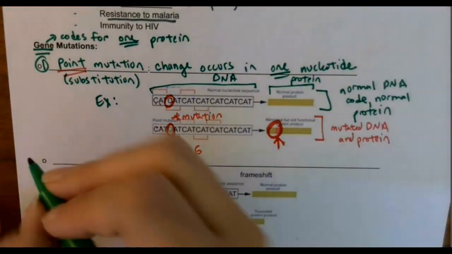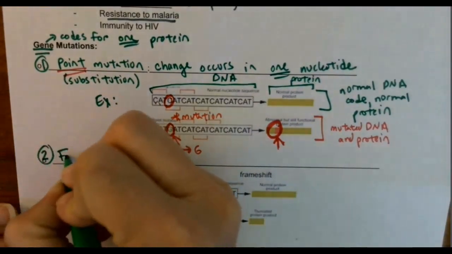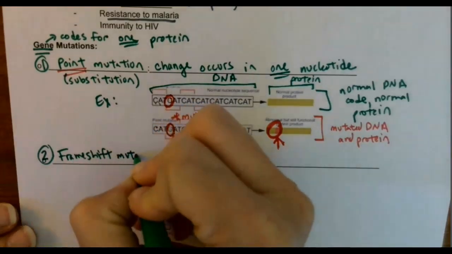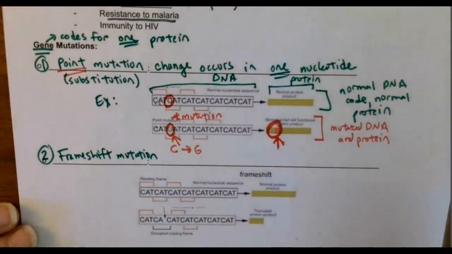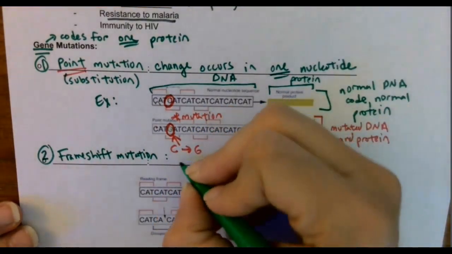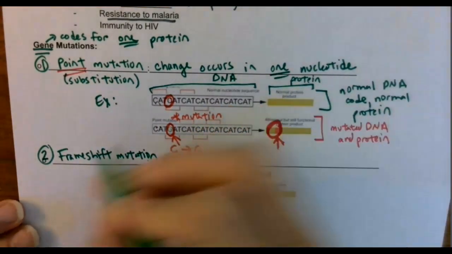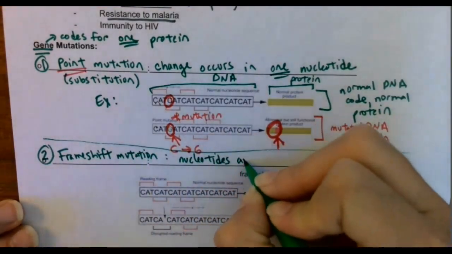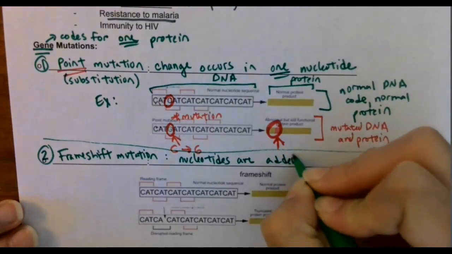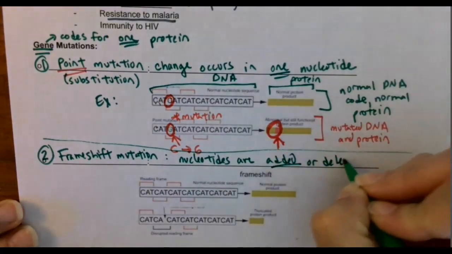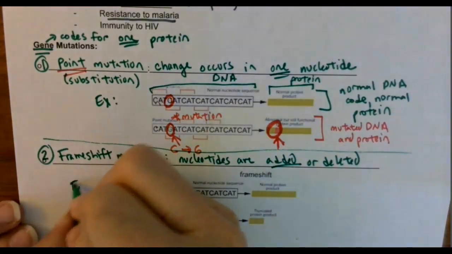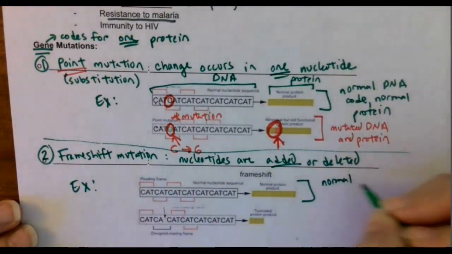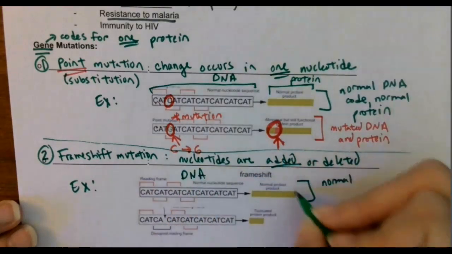The second type of gene mutation is called a frame shift mutation. In a frame shift mutation, nucleotides are added or deleted. For example, again, here's the normal DNA and protein.